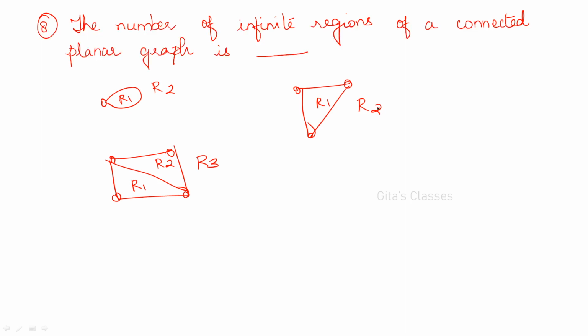Second graph is also R2 is the infinite region. Here in the third graph, R3 is the infinite region. For any planar graph, you will have only one infinite region. Even if you have a null graph with one vertex, then infinite region will be there. Only one, always there will be one infinite region.